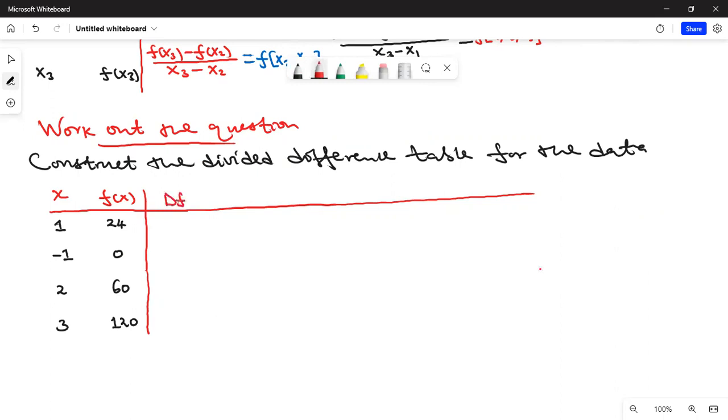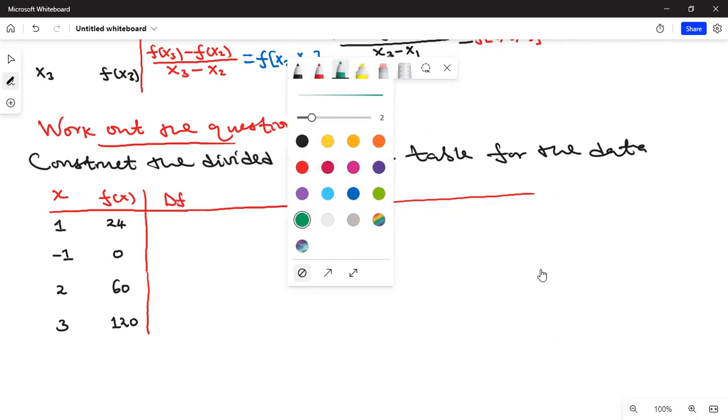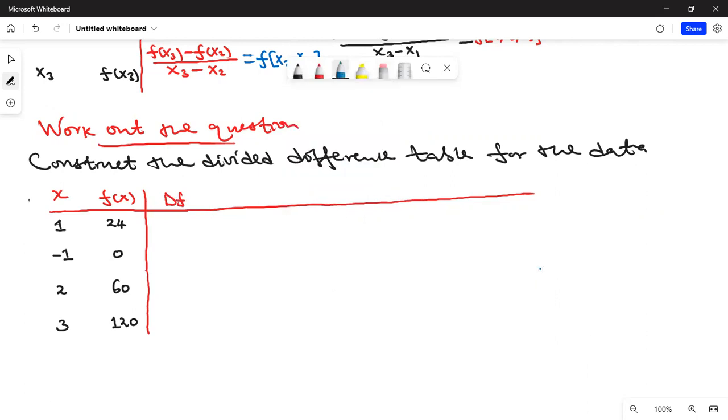Remember, just subtracting as usual. So I'll use another color here. It's 24 minus 0 over negative 1 minus 1.